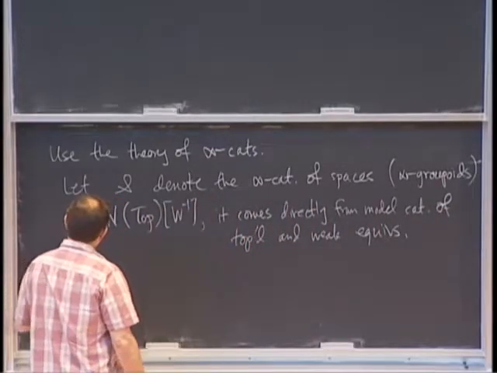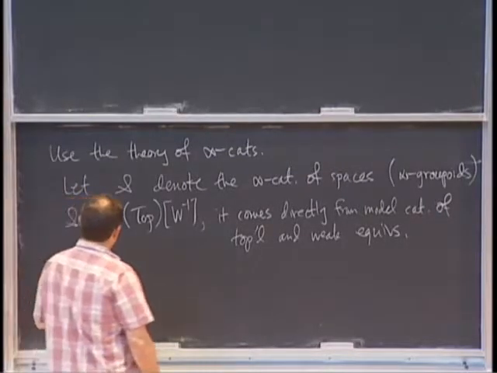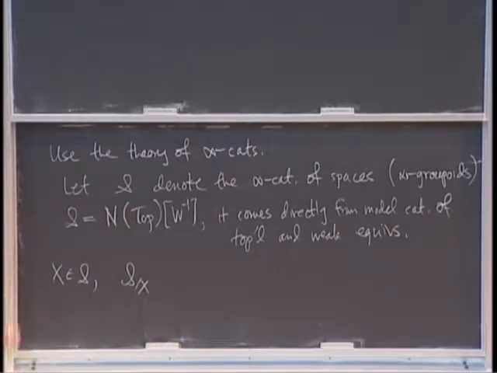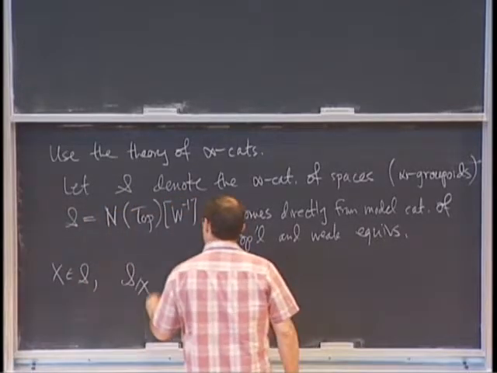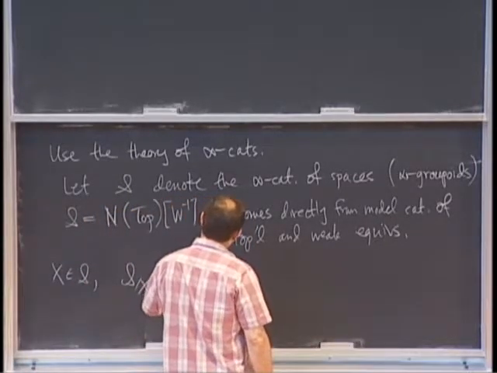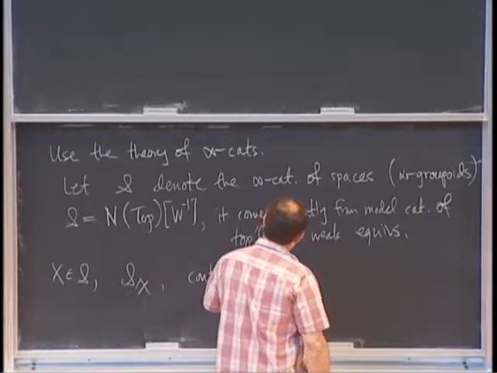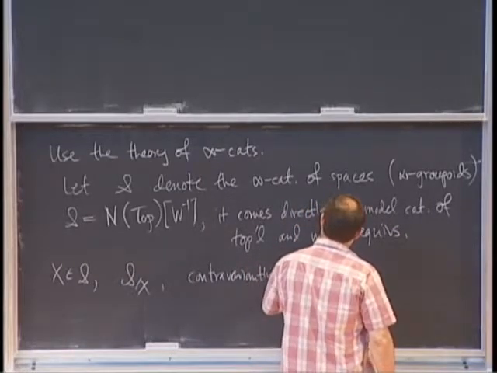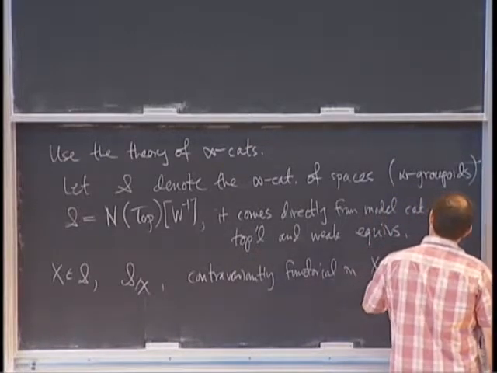So you have these slices. If I have an object in S, which I'll think of as a space, I can form the slice over X, which I'll write like that. So these are spaces equipped with a map to X. And this is contravariantly functorial in X via restriction.